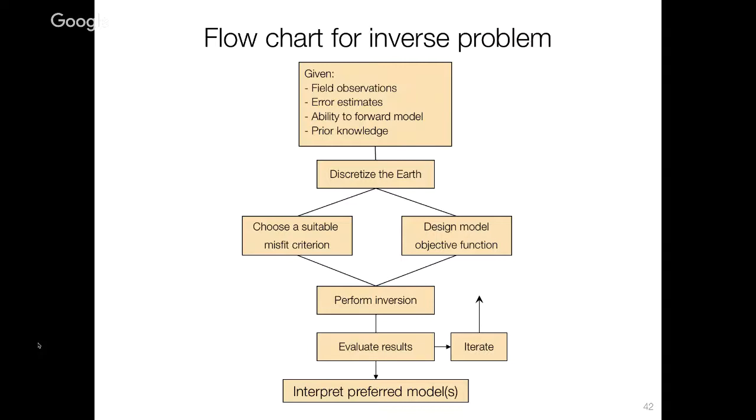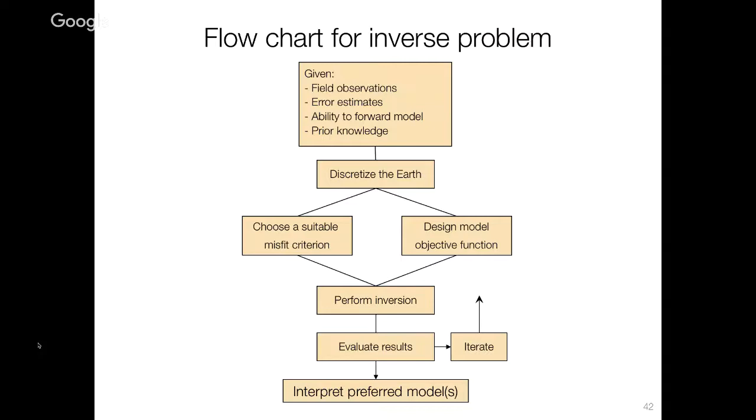What are the misfits? Sometimes you find that there are regions that are really poorly fit. So maybe there's actually something wrong. Maybe you want to go back and adjust the uncertainties in some of the data. Maybe you want to redesign your model objective function a little bit. But there are iterations that are generally required to go around here, and especially when you start to think about the non-uniqueness of the problem, you might end up doing a number of inversions in here.